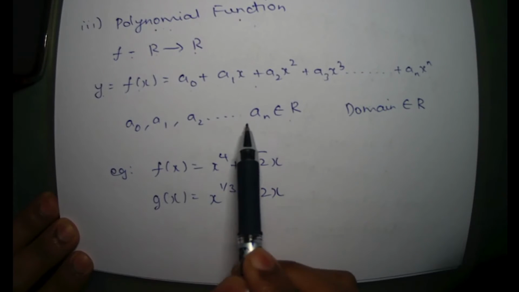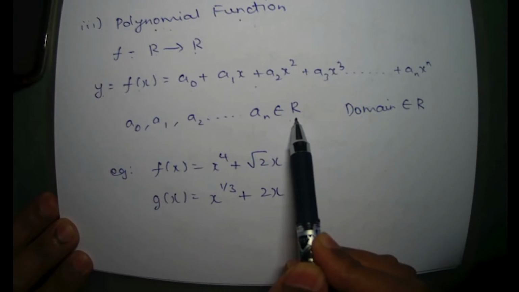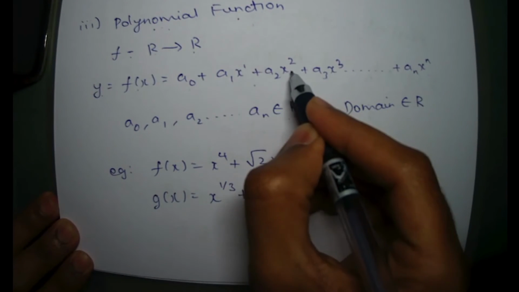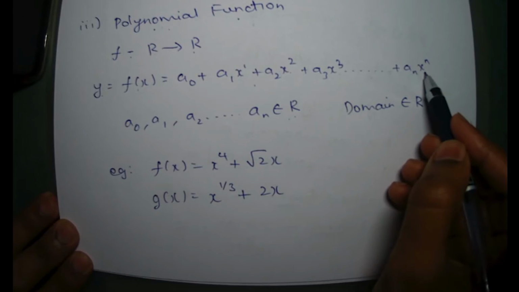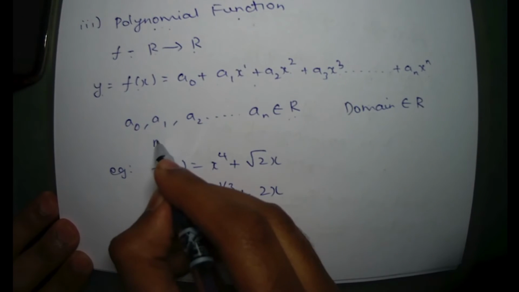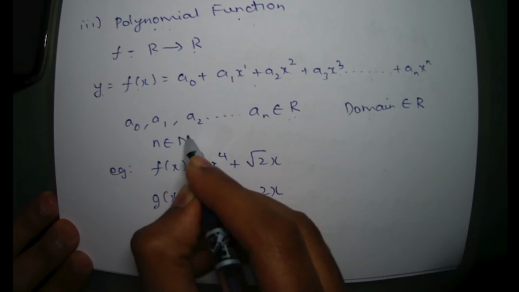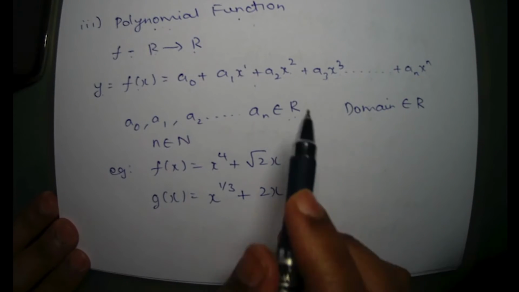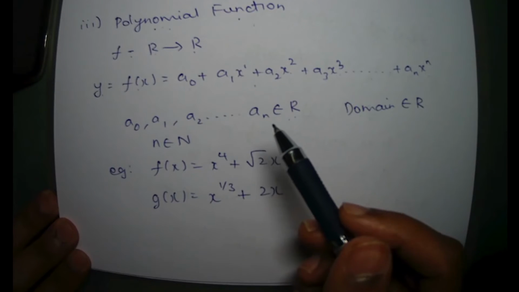We see that the power of x goes on increasing. So we have x to the power 1 here, x square, x cube, and so on till x power n. n can only belong to natural numbers. We cannot have any fraction or decimal powers for x. It should always be a natural number.